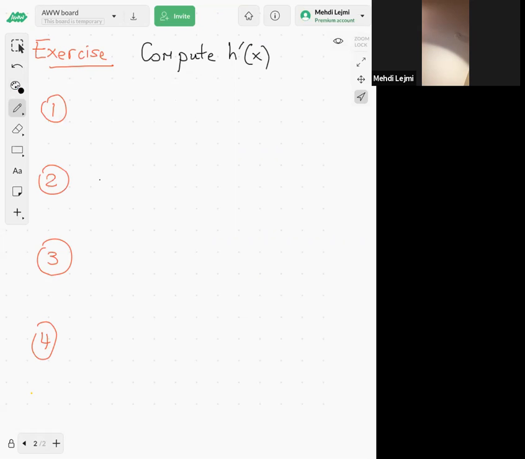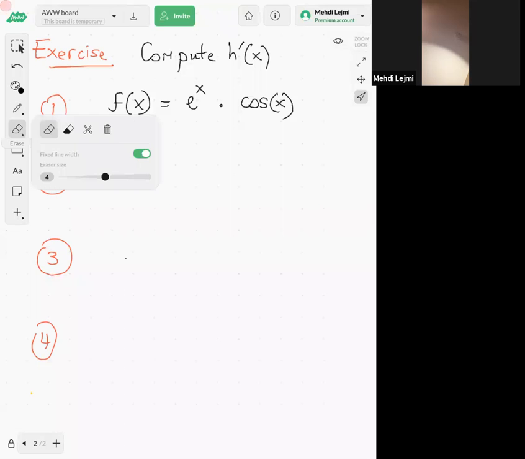Let's say first h of x is exponential of x times cosine of x, right? Let's call the function h instead of f. This is h of x, sorry.